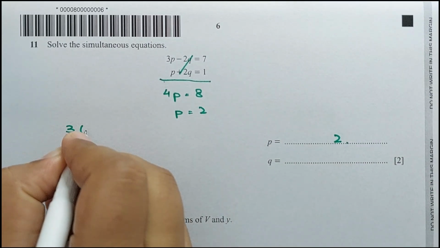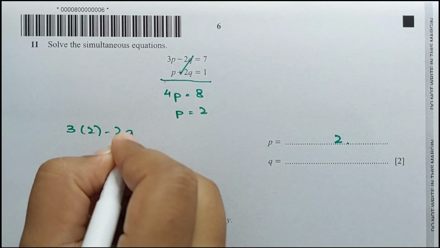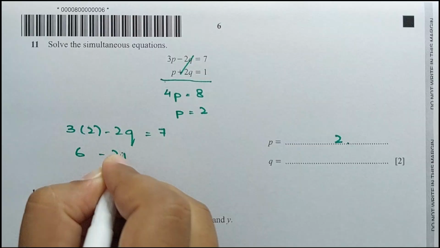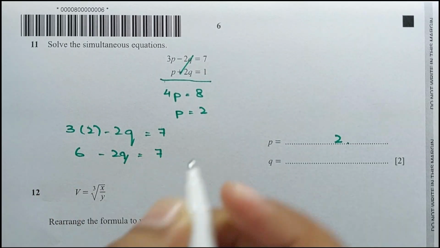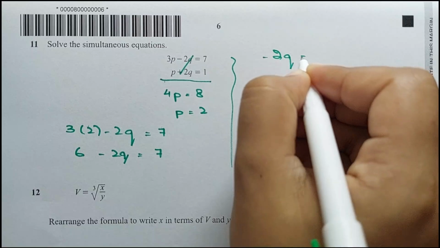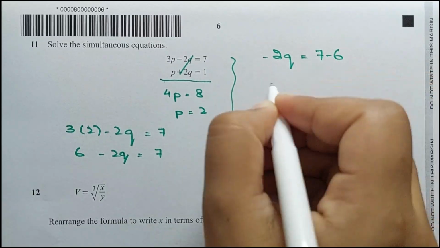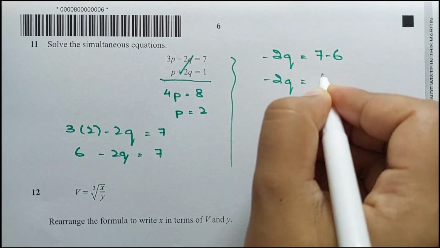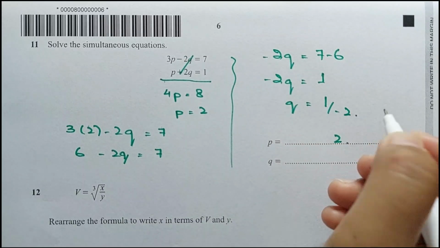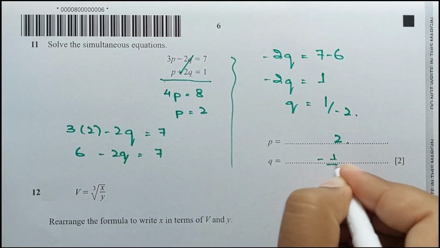So 3 times p, which is 2, minus 2q equals 7. So 6 minus 2q equals 7. Now we have negative 2q equals 7 take away 6. Negative 2q equals 1 and q would be equal to 1 over minus 2. So that is negative 1 by 2 is the q.